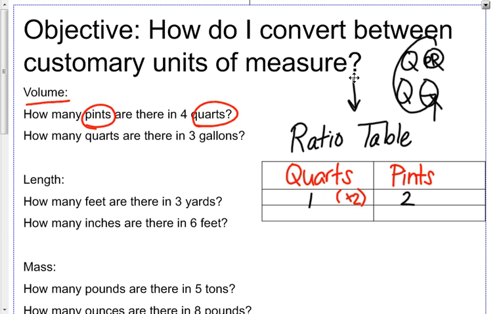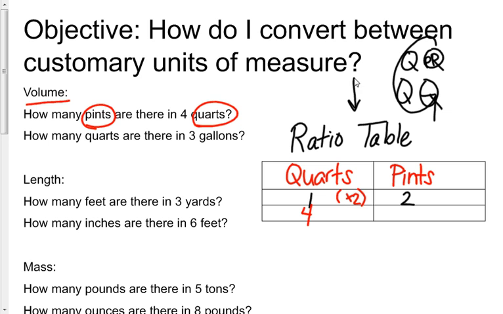I'm going to write down next the number 4 under quarts, because that's exactly what it has in my problem. And now, because I already created a pattern, all I need to do is 4 times 2 to figure out how many pints I have. And that's a quick and easy answer of 8.